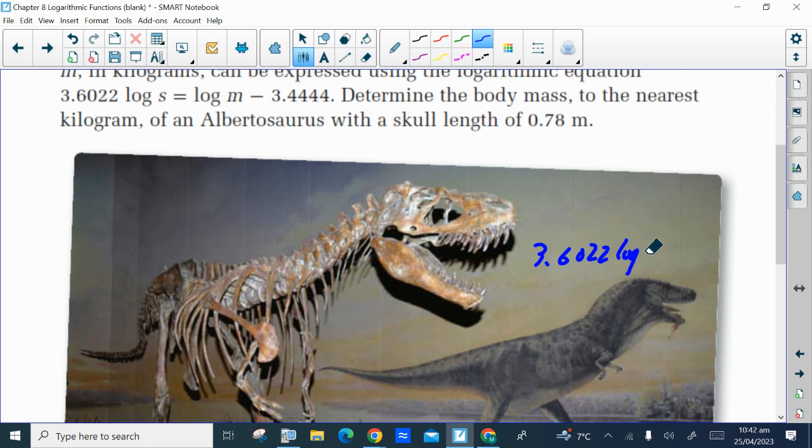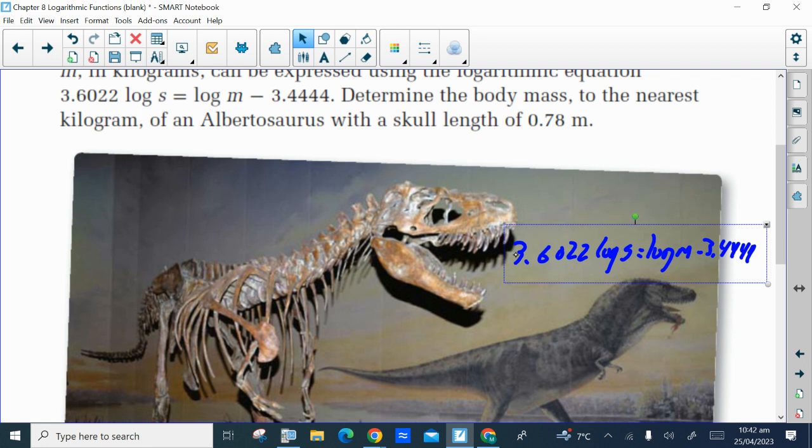3.6022 log S equals log M minus 3.4444. So in this case, you're given a skull length of 0.78.